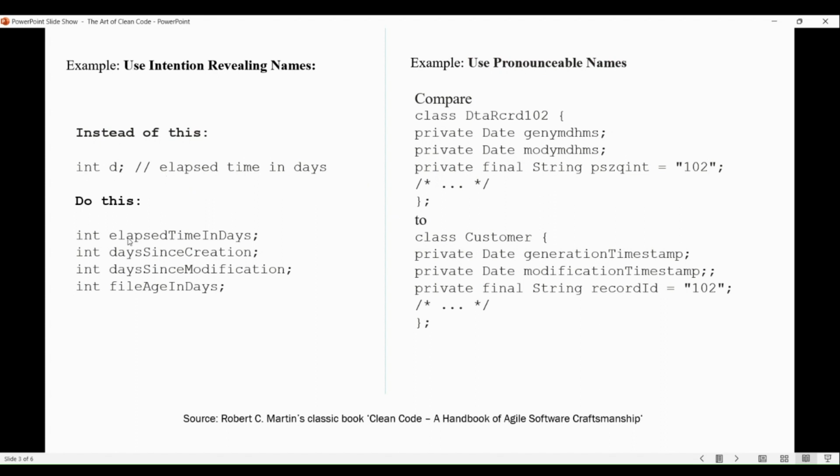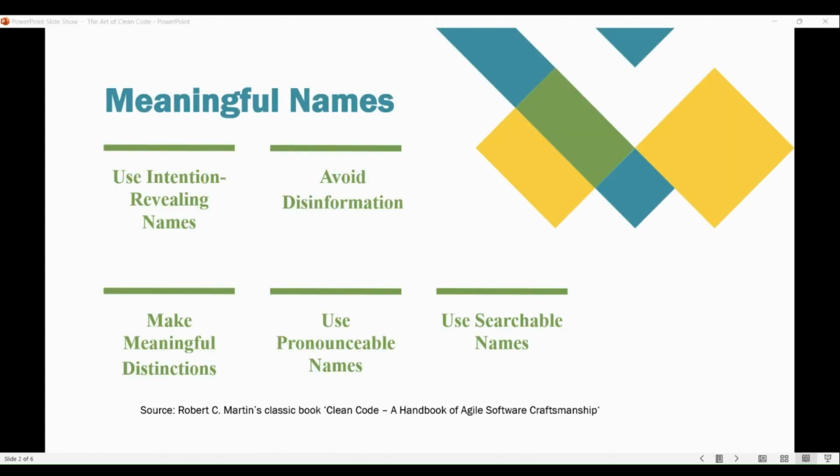It's better to put the intent in the name of the variable. So rather than only naming something as d and then putting the intention after it in the comment section, it's better to name it elapsed time in days, days since creation, days since modification, file age in days, or whatever your intention is.